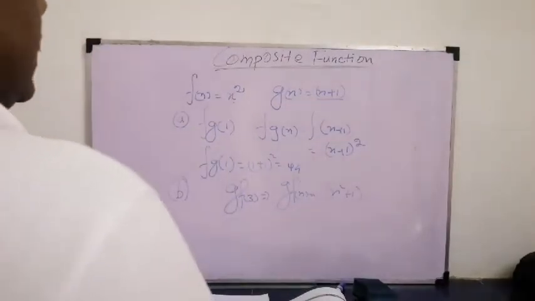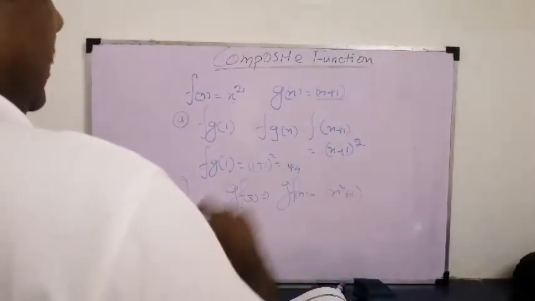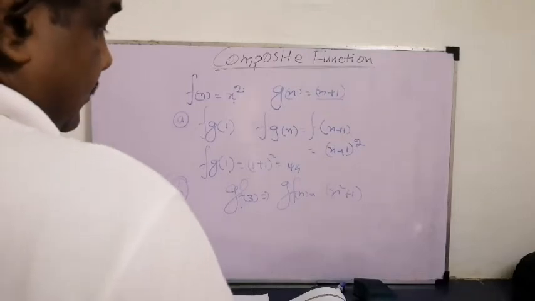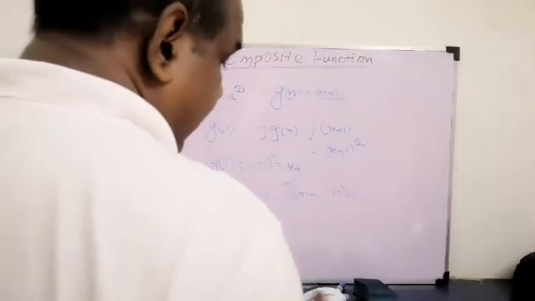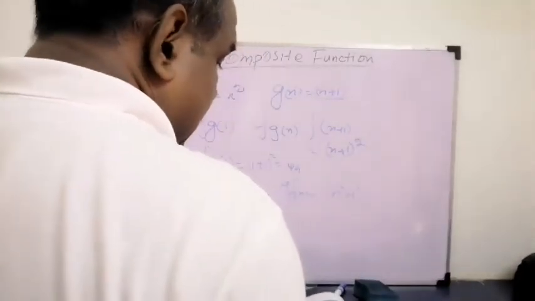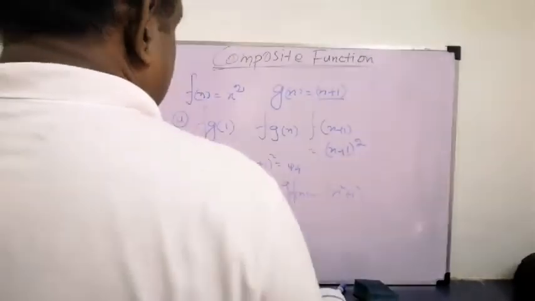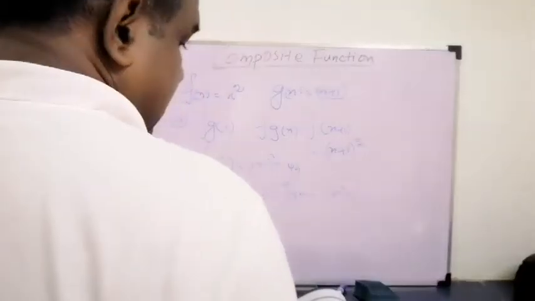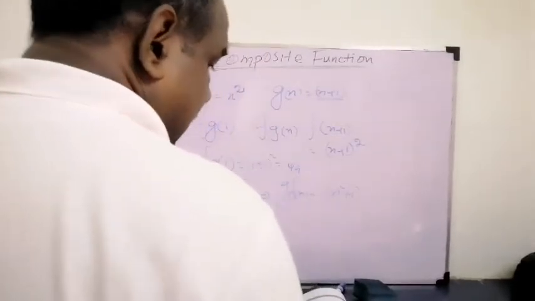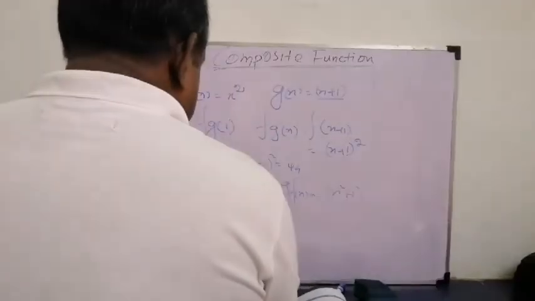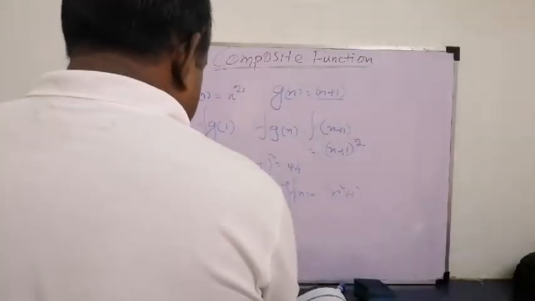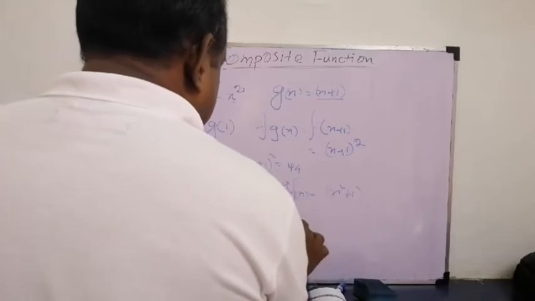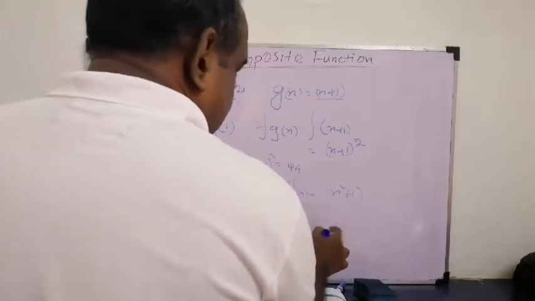That is going to be g into f of x, x squared plus 1. So when x is 3, 9 plus 1. It's going to be 3 squared plus 1, which is 10.